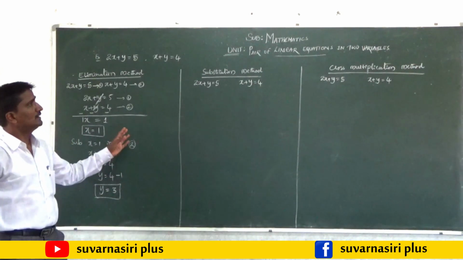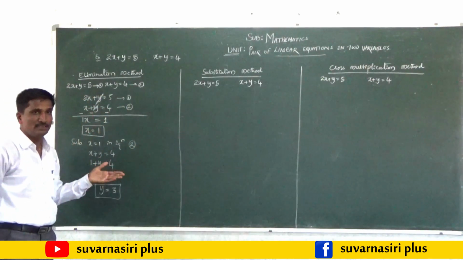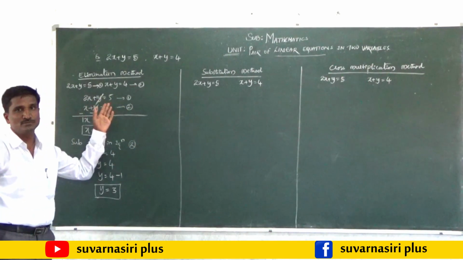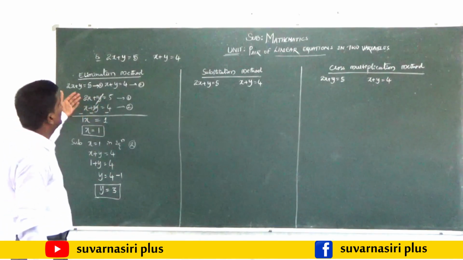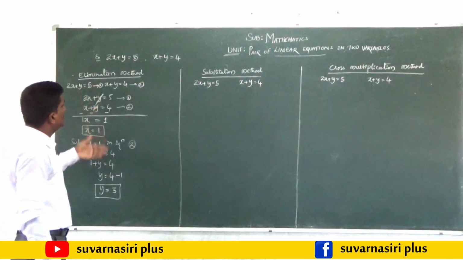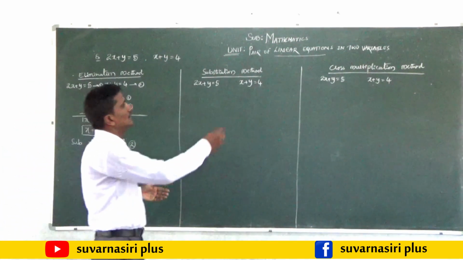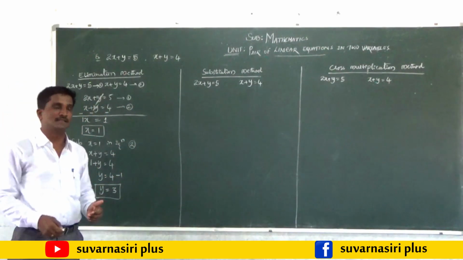It's a simple method for solving x and y in a pair of linear equations in two variables. Almost all students solve for x and y in this method. Better you use the elimination method while solving the problem in the annual examination.